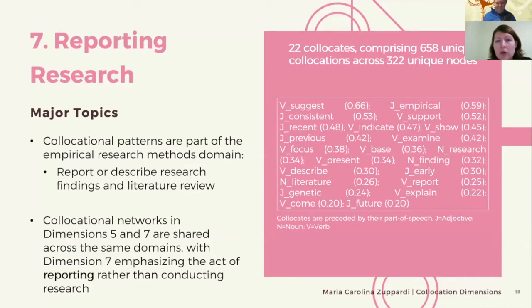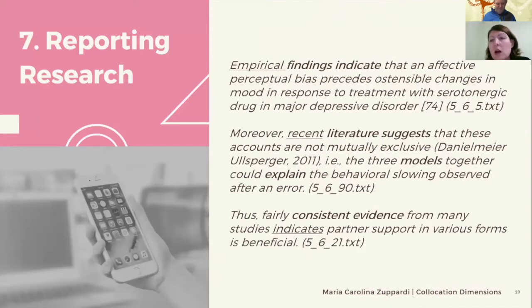So when you look at this, we say, empirical findings indicate that an effective perceptual bias, etc., right? Recent literature suggests the 3 models could explain behavioral showing. Fairly consistent evidence indicates.